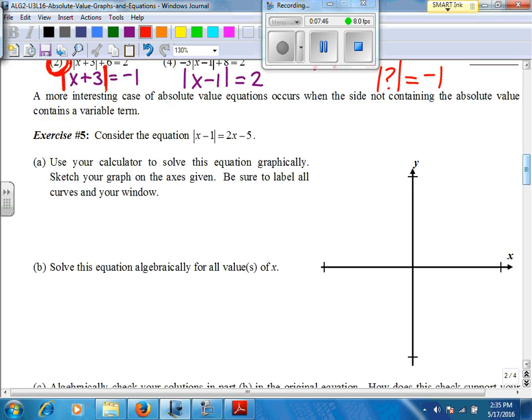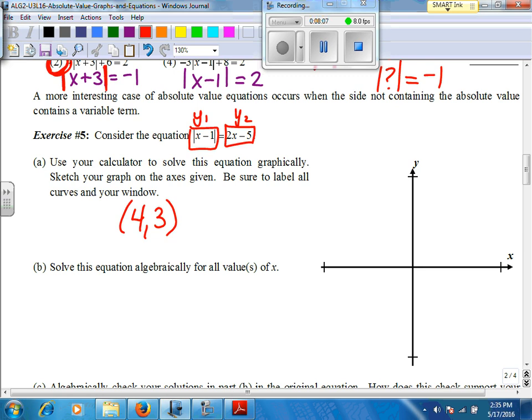Okay? Number 5, we're going to breeze past a little bit. You guys could plug this into y1, this into y2. Because we're trying to see where they're equal, we would want to see where those 2 graphs intersect. If you actually graph them, they would intersect at (4, 3).